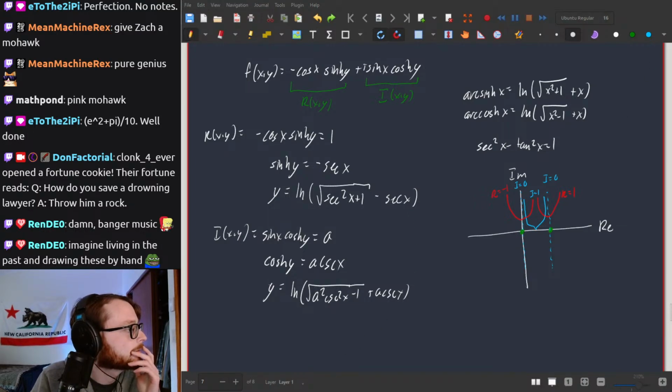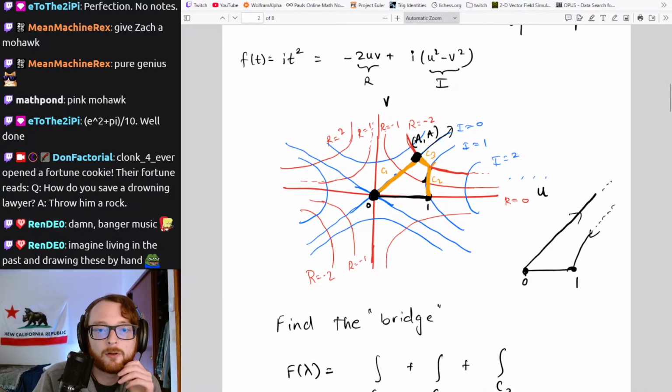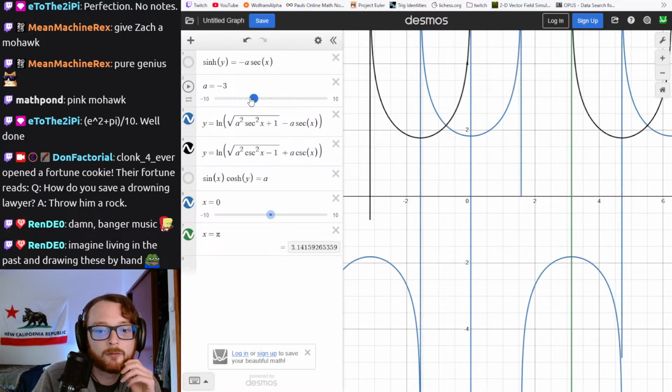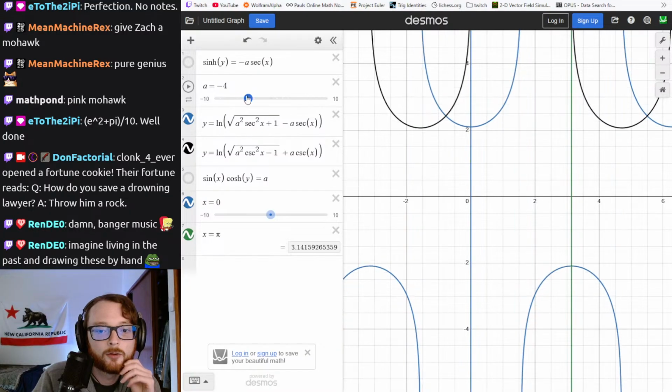Oh, wait. Well, we're going to send it off to infinity. It's another issue. So if we get more and more negative. Okay, good.